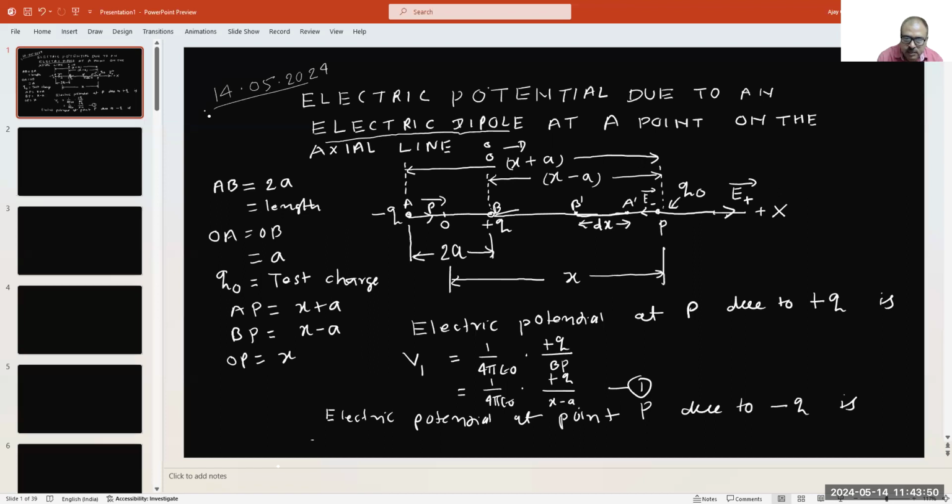It is written as V2. For simplicity, we have taken two kinds of potential: one due to the positive charge, V1, another due to the negative charge, V2.